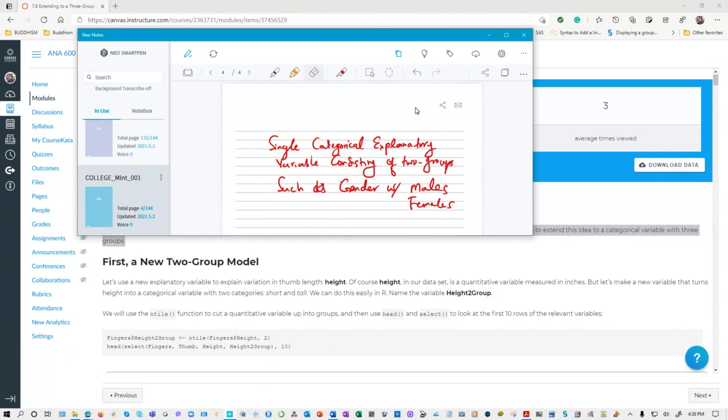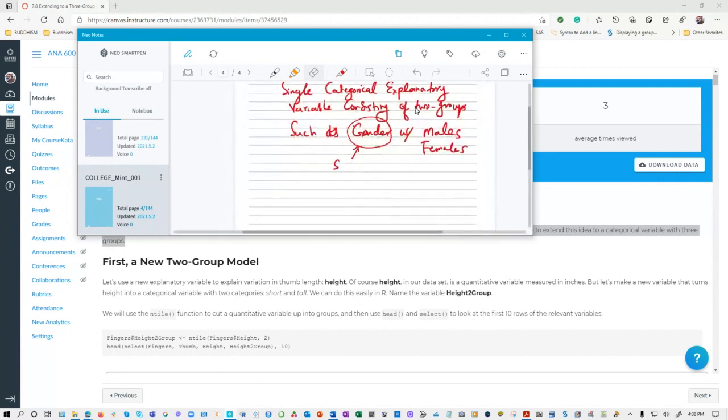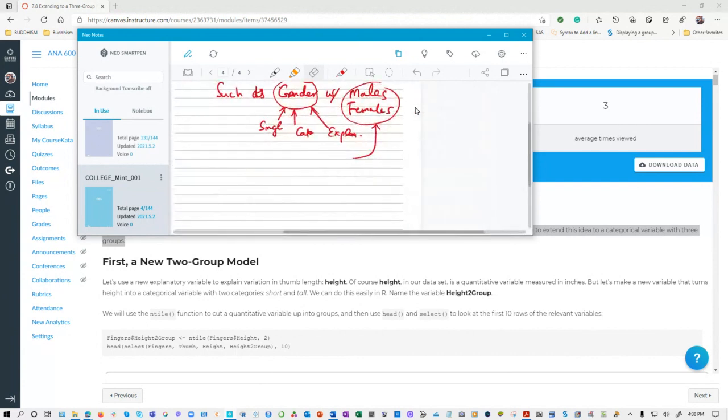Gender is one variable, not two. It's single, and it's a categorical explanatory variable with two groups.